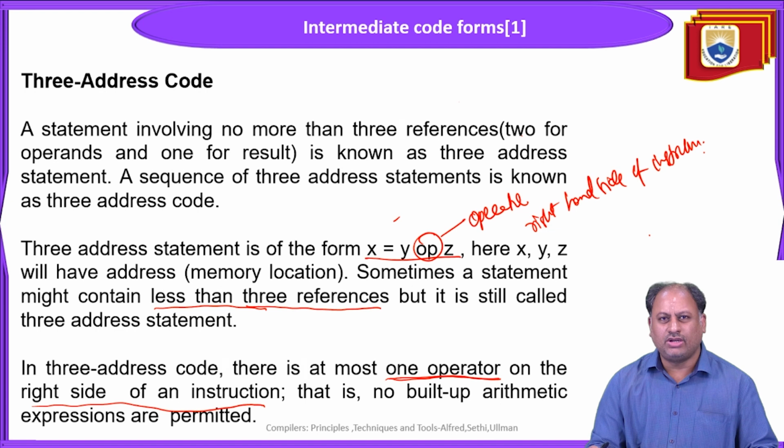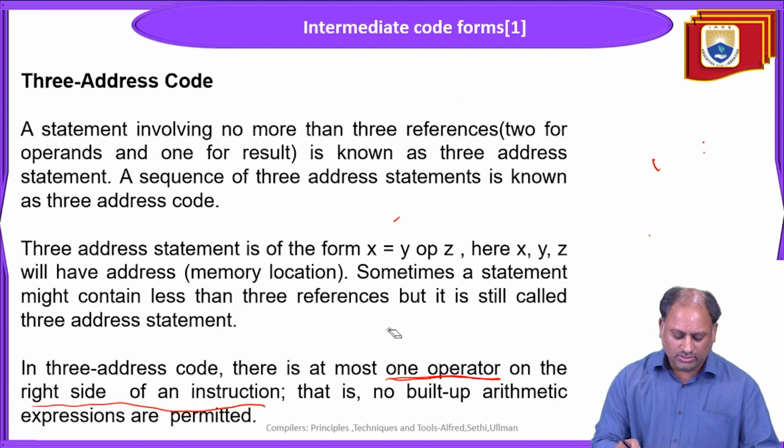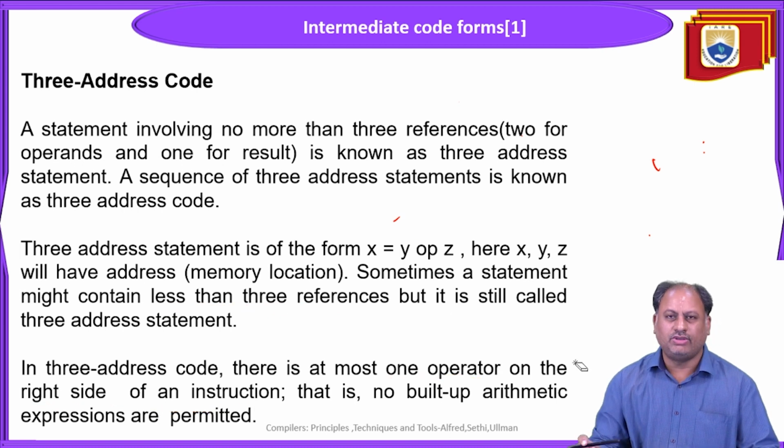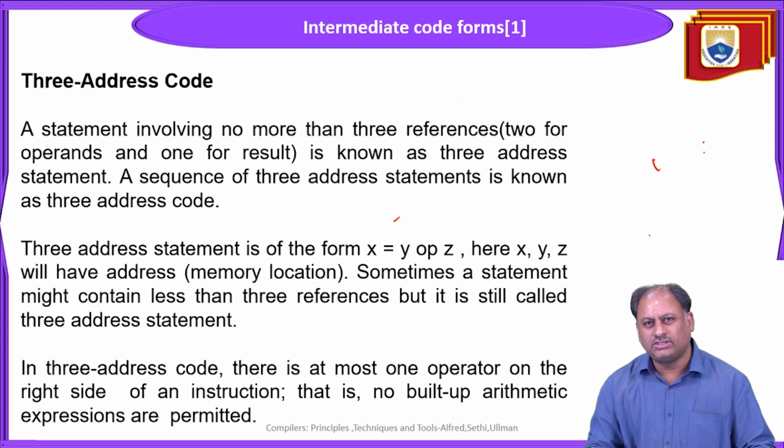It may contain more than one also, that means two operators, three operators, like this. That is also allowed. To check whether it is a valid three address code notation, verify whether it contains at least one operator. Then we can say yes, it is three address code.